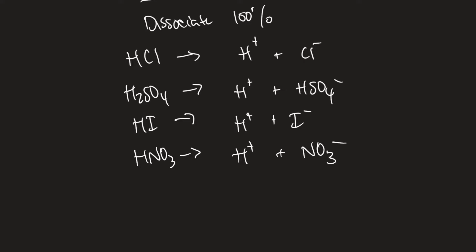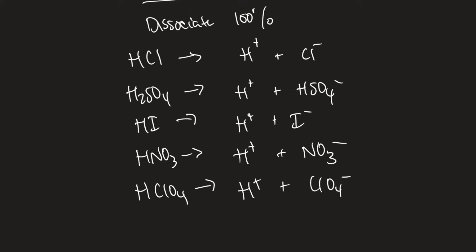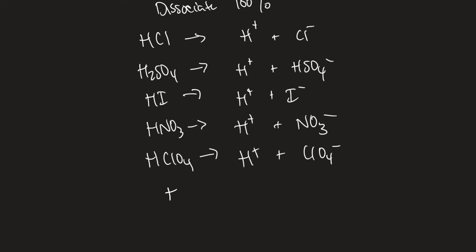Perchloric acid breaks up into the hydrogen ion and the perchlorate ion. And one more example, hydrobromic acid, another strong acid, breaks up into hydrogen ion plus the bromide ion. So these are strong acids.